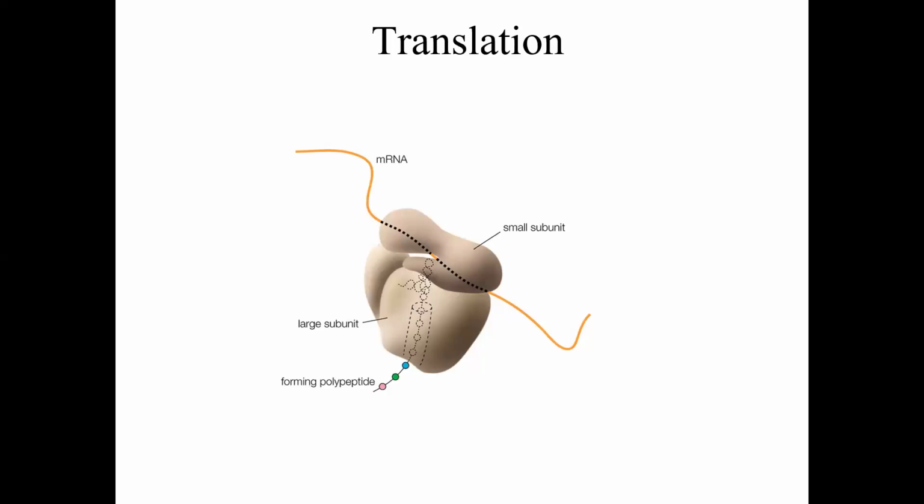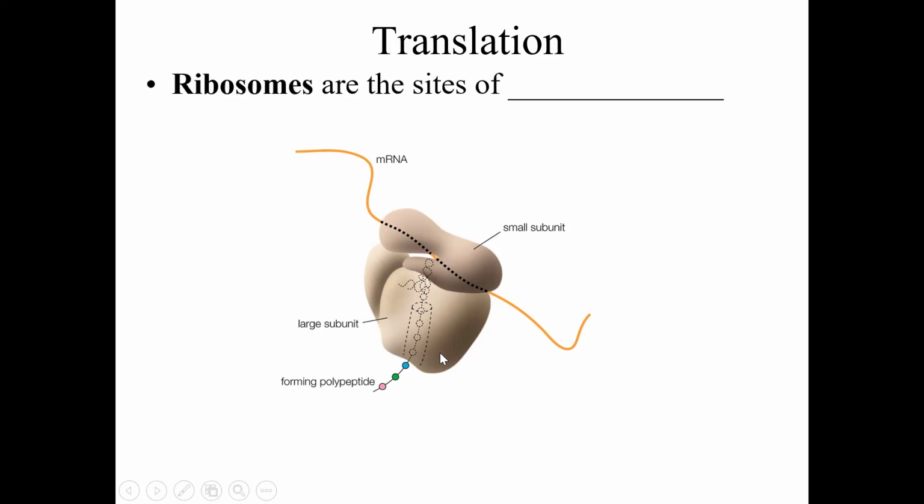In translation, we have the messenger RNA, and when it enters, we have the small subunit and also the large subunit, and you have your polypeptide being produced.